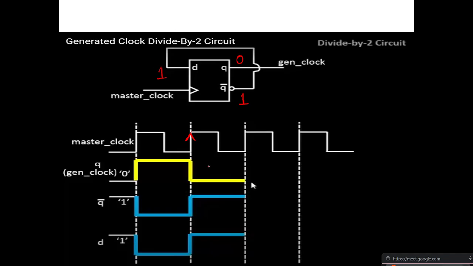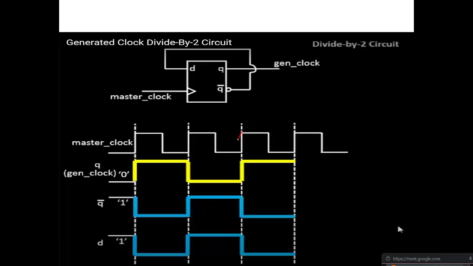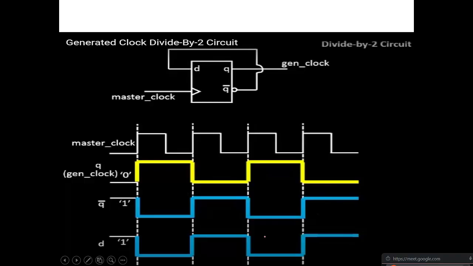During the next clock edge, Q becomes 1, Q bar becomes 0, and this is fed back, so D is 0. During the next clock pulse, Q becomes 0, Q bar becomes 1, and D becomes 1.